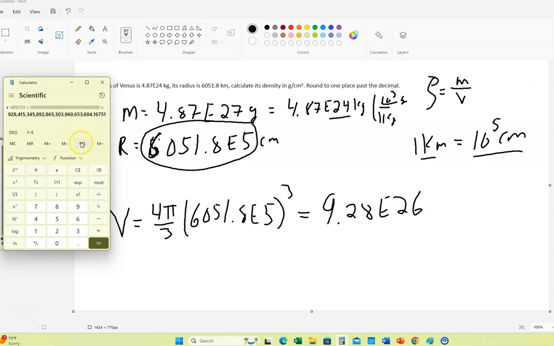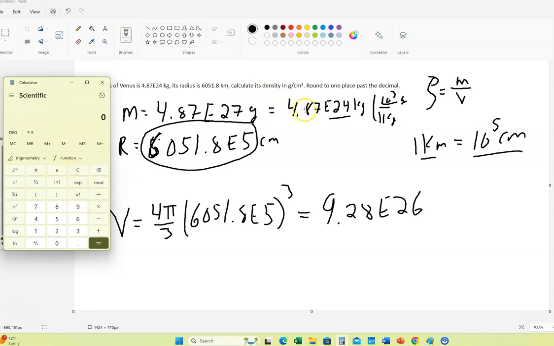I'm just going to store that to keep it in here. Let me show you that this is true. If I divide by 1 times 10 to the 26th, that should give me 9.28 and all the other digits as well, right? So there it is. Let's clear that.